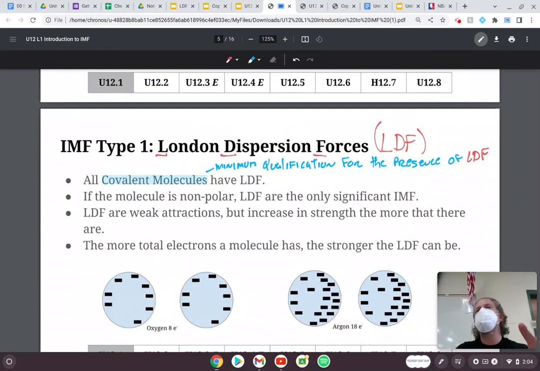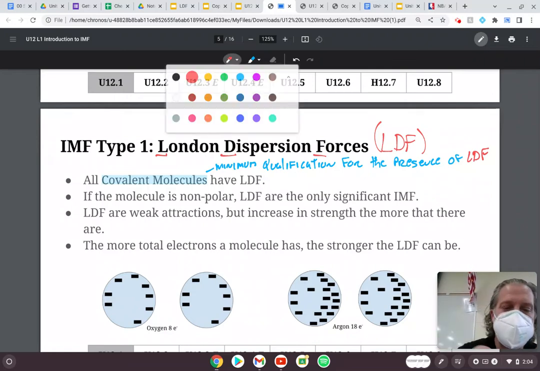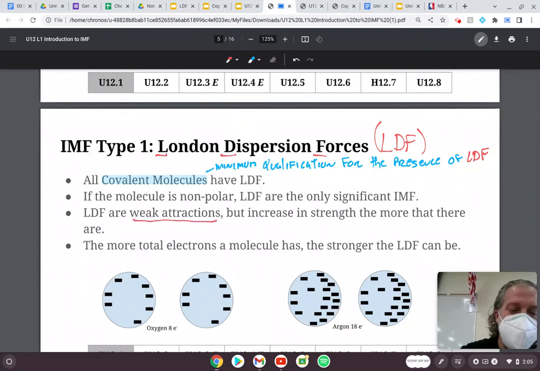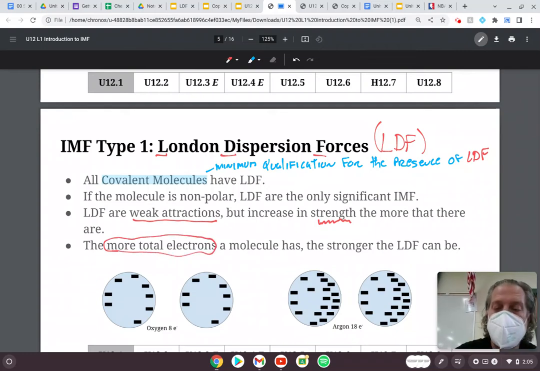If the molecule in question is nonpolar, LDF is the only intermolecular force of attraction that can be identified. London dispersion forces tend to be weak attractions, but they get a little bit stronger the more present they are. And the total number of electrons that a structure has would indicate the strength of the London dispersion force.